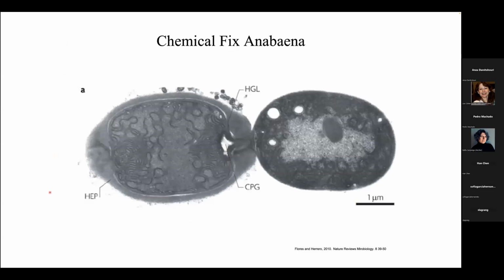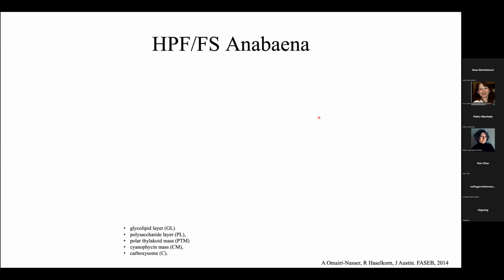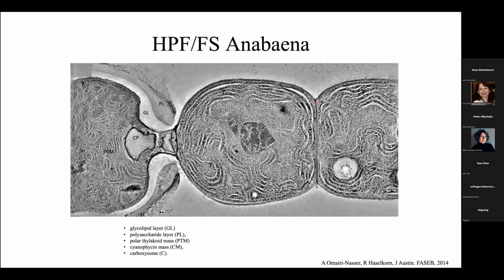And just an example, here's a filamentous cyanobacterium, Anabaena. We have the vegetative cell here that does photosynthesis. We have a heterocyst here that fixes nitrogen. This was the standard image being generated all the way up until 2010, and we still saw images like this. I went through this with Bob Haselkorn's group at U Chicago.